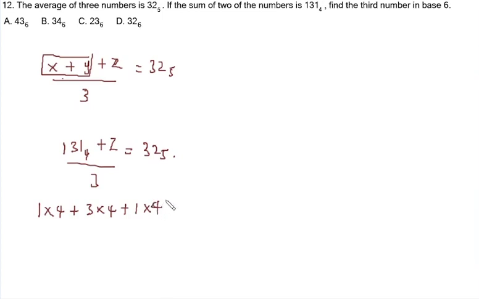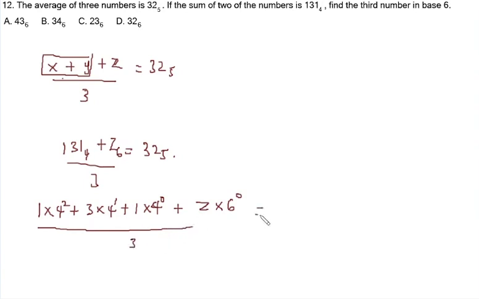So from the right to the left, I'll be giving 4 increasing powers. So this is 0, 1, 2 plus, we are told the base of z to be base 6. Z times 6. We have only one value here, z times 6. So from left to the right, we'll be starting from 0. So z is now in base 10. Divided by 3.